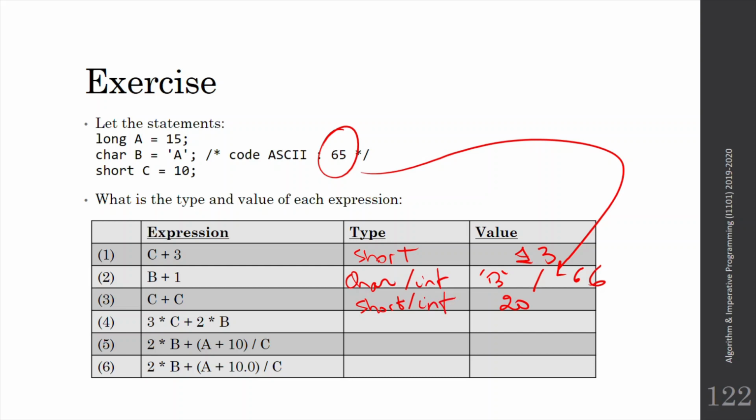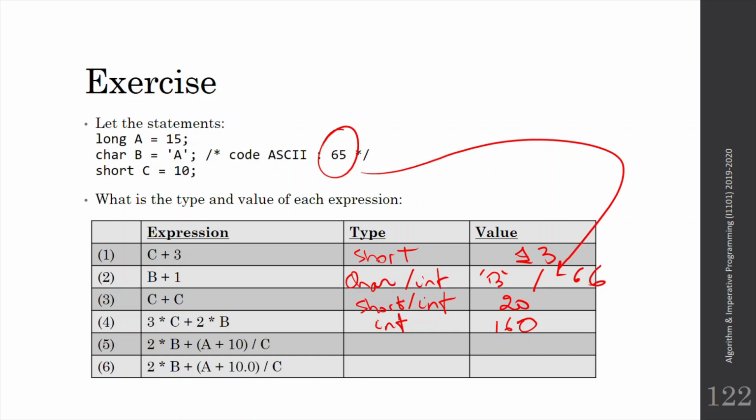3 multiple c plus 2 multiple b, we have here short plus char, so eventually it will all be converted to integer, and the value would be equal to 160. So 2 multiple b plus a multiple 10 over c.